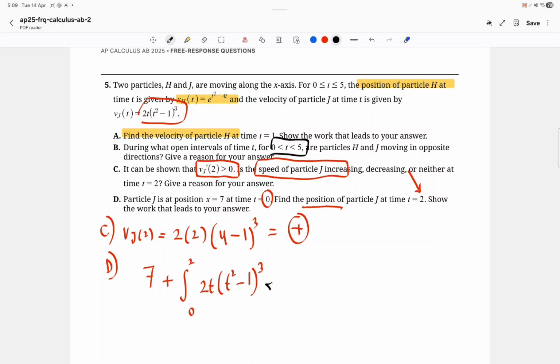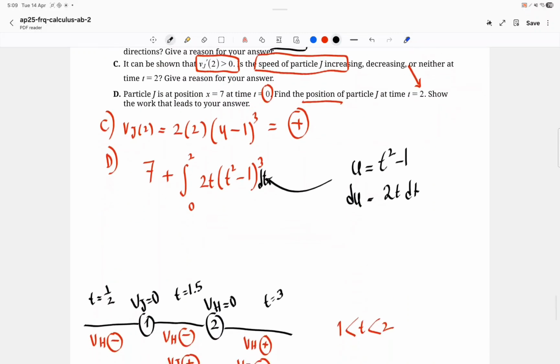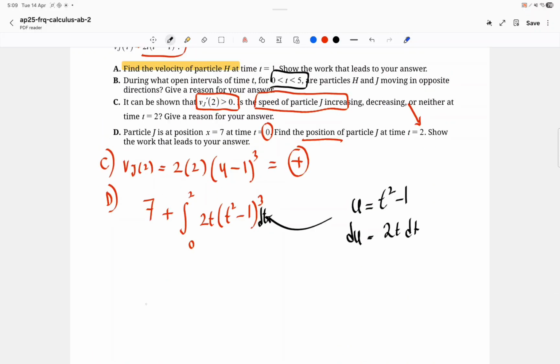In this case, you must use the u term, u equals t squared minus 1, and du is 2t dt. So now come here and say, 7 plus the integral from 0 to 2 of u cubed du. So 7 plus u to the 4 over 4, from 0 to 2.